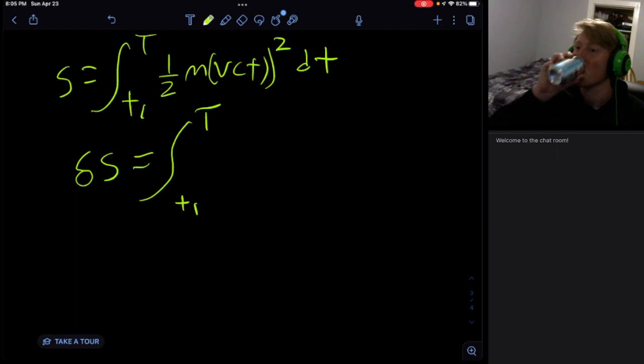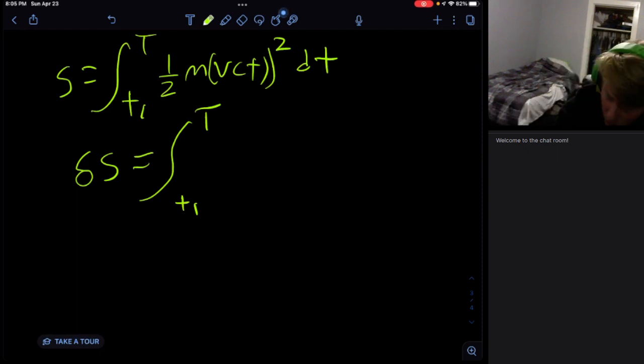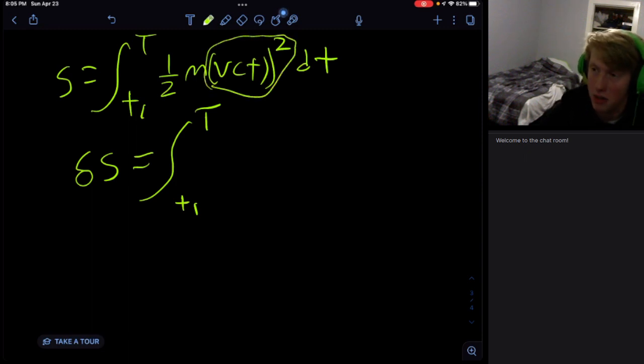But anyway, let's go ahead and do this. Actually, I'm going to jump a few steps ahead here. We're going to end up taking a partial derivative of this quantity, which means that the 2 is going to go down.